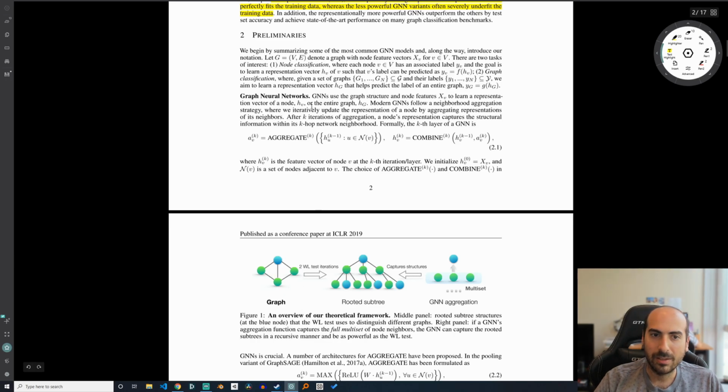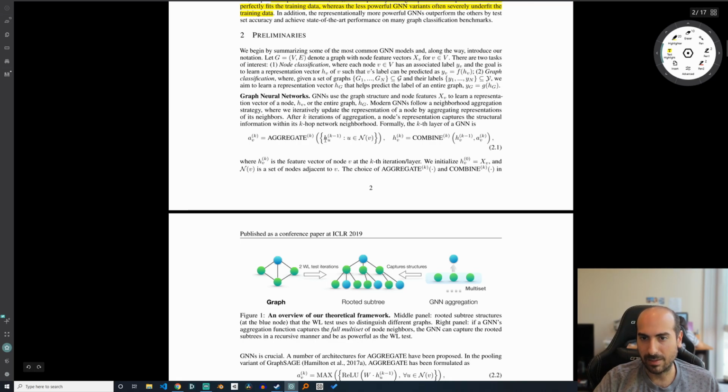Formally, the kth layer of a GNN takes the representation from the k minus one layer, the activation over all the neighbors, and it's a set.